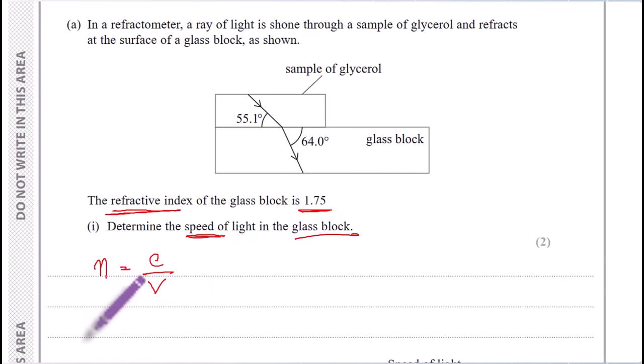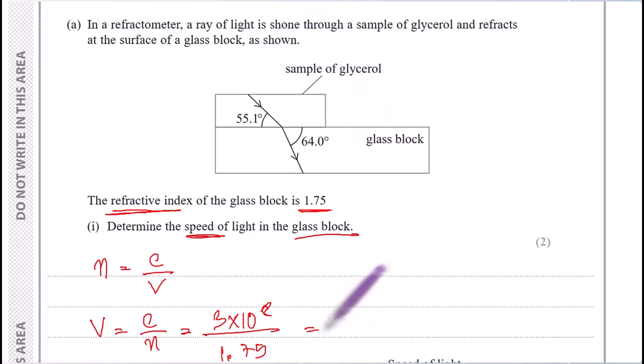So you make v the subject of the equation. So v equals c by n, and c is 3 times 10 to the power 8 divided by n, which is 1.75, which gives you a value of 1.71 times 10 to the power 8 meter per second.